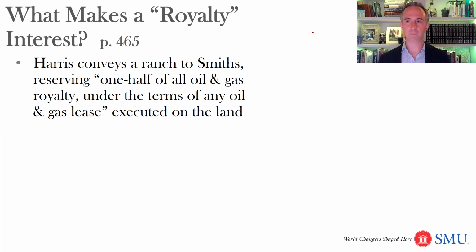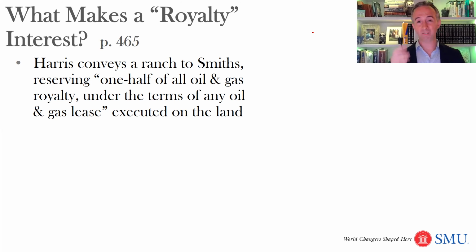So in this hypothetical that you have in your book, on page 465, Harris conveys a ranch to the Smiths. But Harris is worried, what if I just gave away a fortune? What if there's a lot of oil and gas on that ranch? And I don't even know what royalty the Smiths might get.